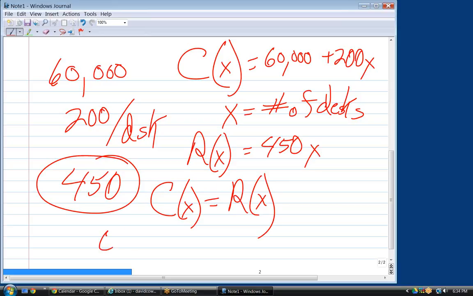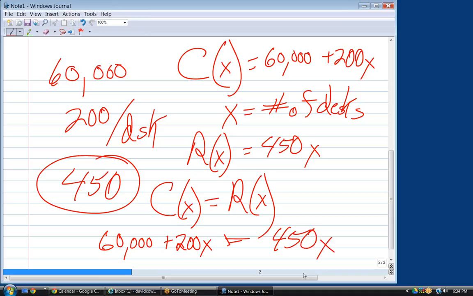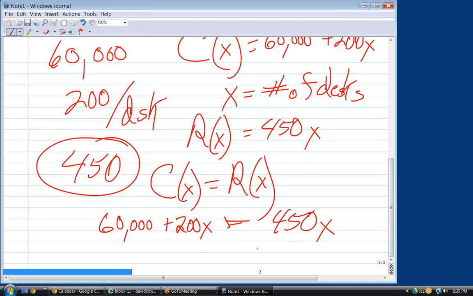Our cost function is this, our revenue function is that. That's one equation, one variable. You get 250x equals 60,000.